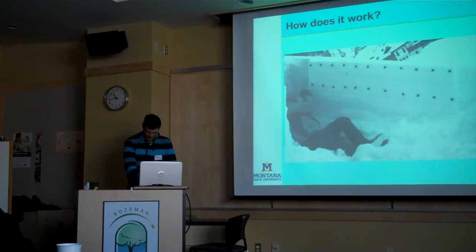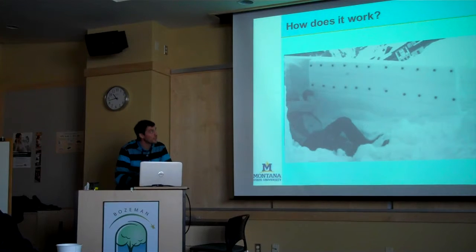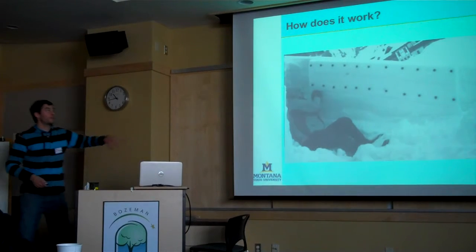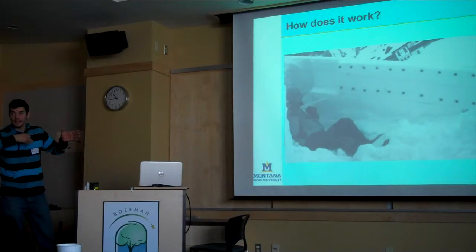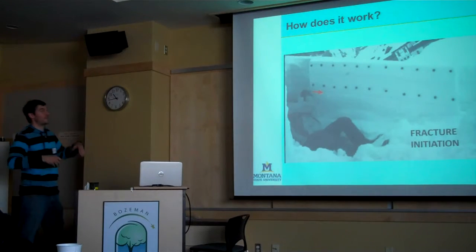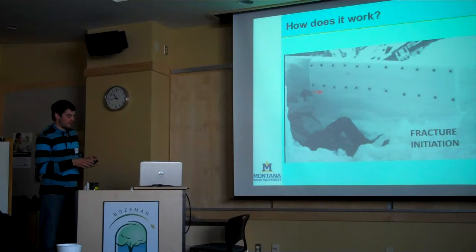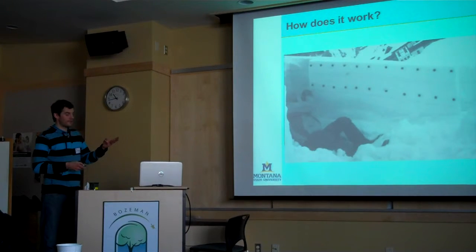Here's an example of this test. So you start sawing the weak layer, that little line there is the weak layer. Then if you reach that critical size, it propagates, and then if the slope is steep enough, it will slide down. So there are 3 different stages you're looking at.